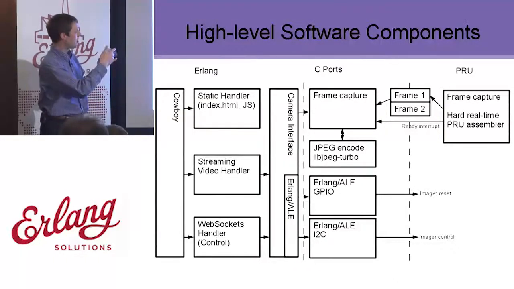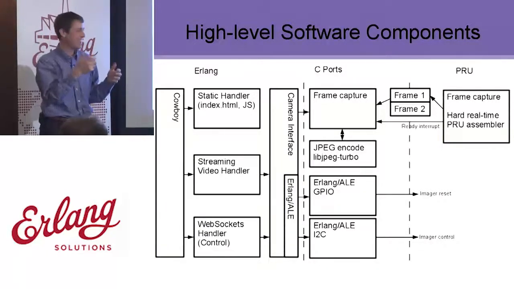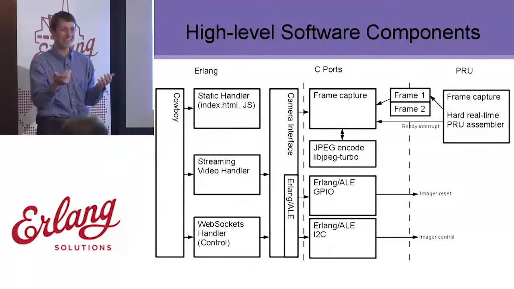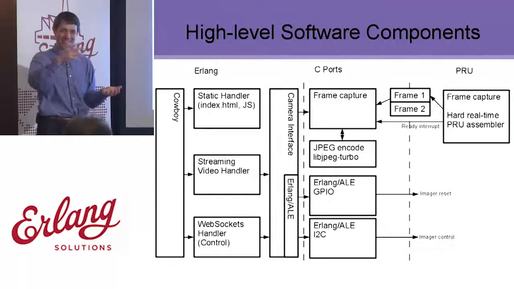That server talks to, the key part, a C external port. And I think before one of the talks yesterday, I thought that everyone did external ports and very few people did NIFs. But now I realize that's the opposite. Well, for this project, I do only external ports, not linked in.